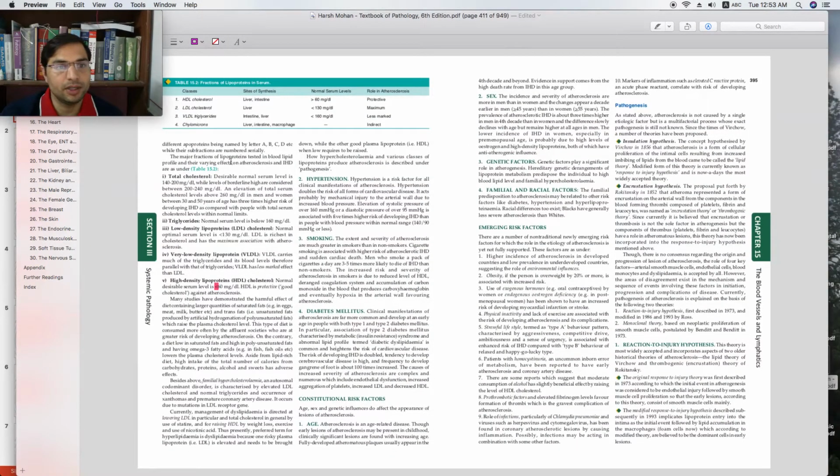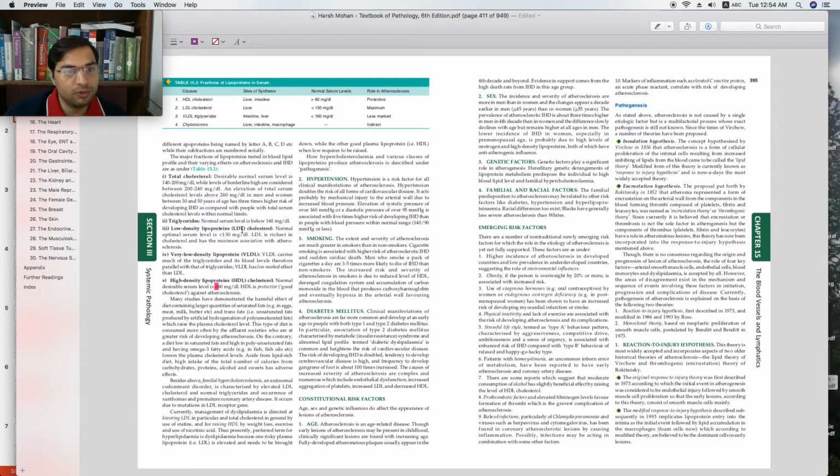So you can read the dyslipidemia here. The total cholesterol, right? Total cholesterol is in the range of 140 to 200 mg per dl. Anything beyond that is a risk factor for development of atherosclerosis. Triglycerides, the upper limit is 160, and more than that is harmful.